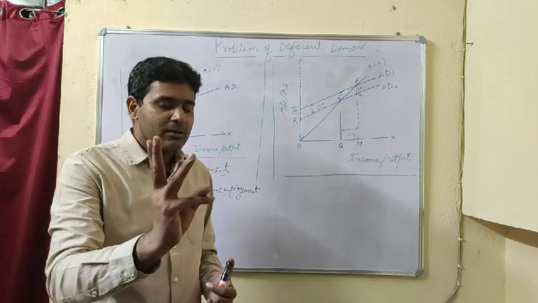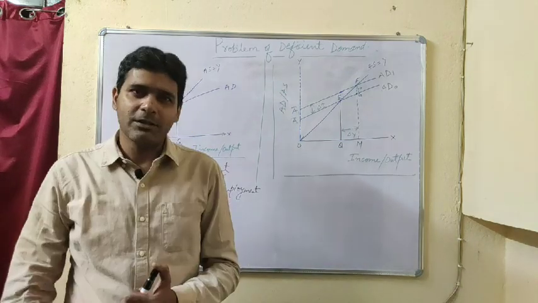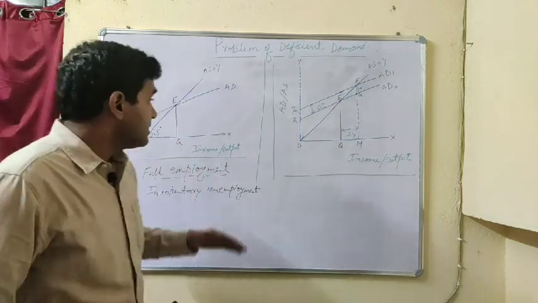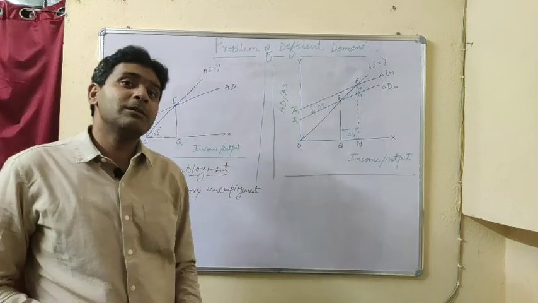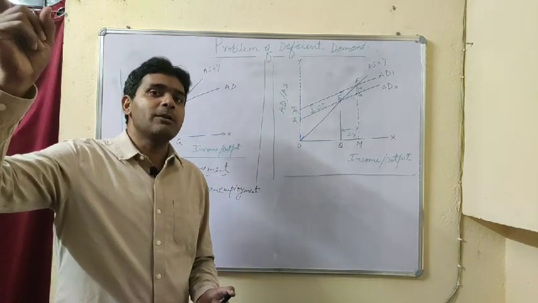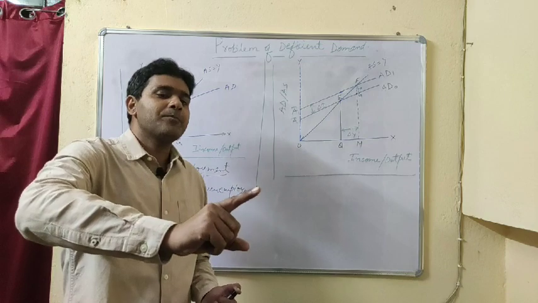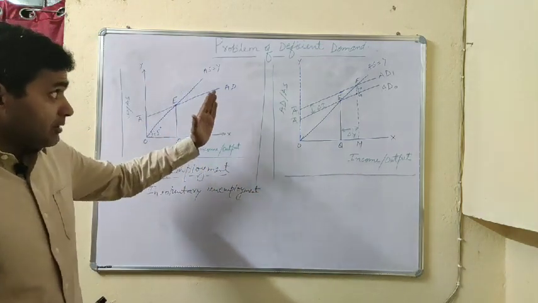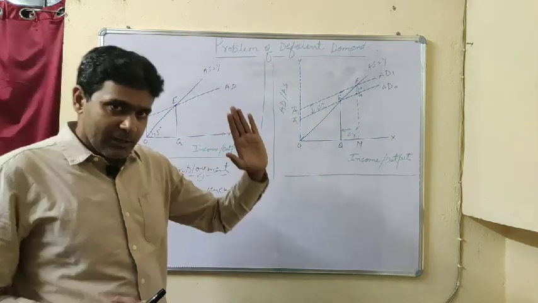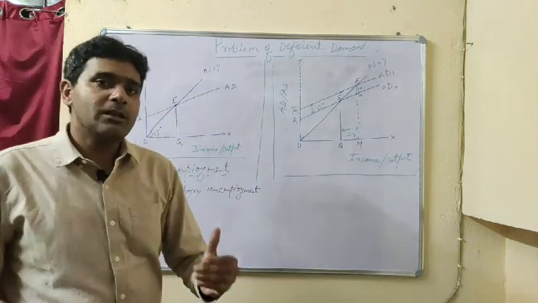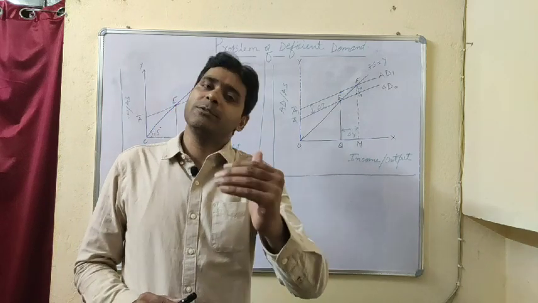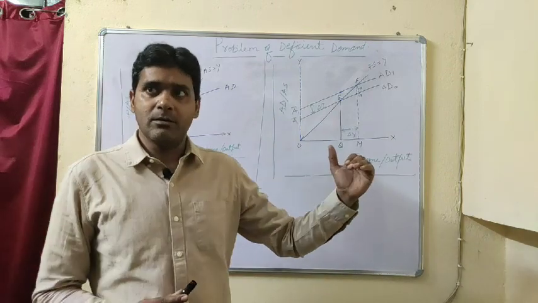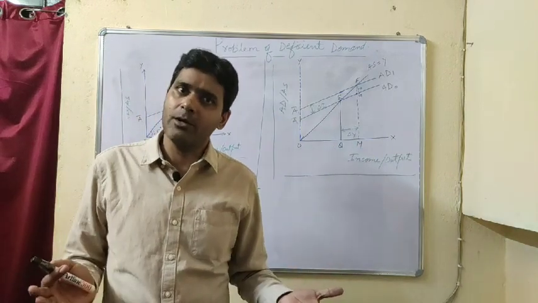So there can be three types of equilibrium in the economy: the full employment level of equilibrium, the underemployment level of equilibrium, and the over full employment level of equilibrium. Today we will be dealing with the first situation, which is the underemployment equilibrium of the economy, where deficient demand will be the prevailing situation in the economy.